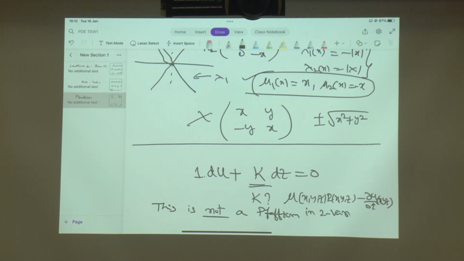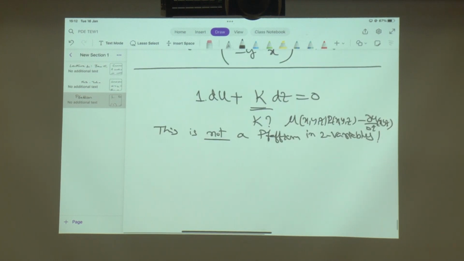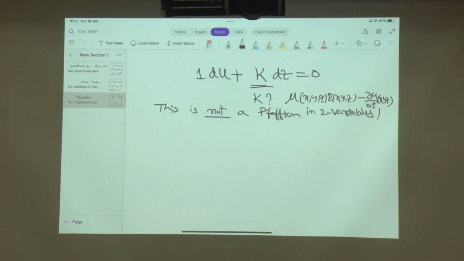So we need to do something. We will work on this k now. So far we have not used x dot curl x is 0. That will come somewhere.